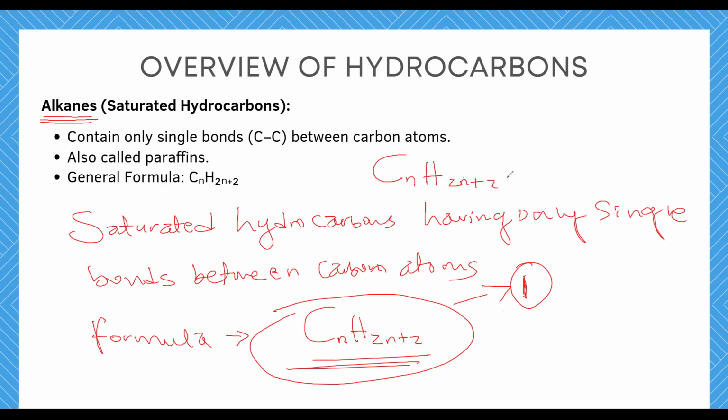N here stands for the number of carbon atoms, and in this case, we have one carbon atom. Is that correct? Yes, sir. Good. So what we're going to have is C. Anywhere we see n, we're going to put 1. So we have C1, right? Good. And then we have H, 2 multiplied by what now?